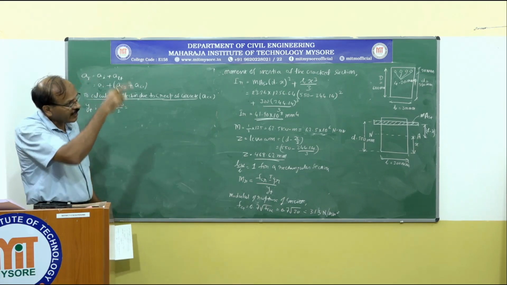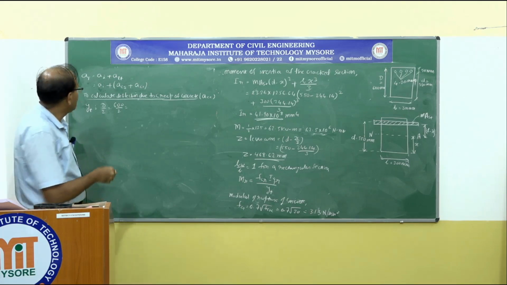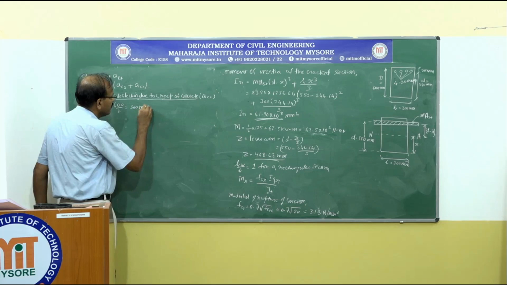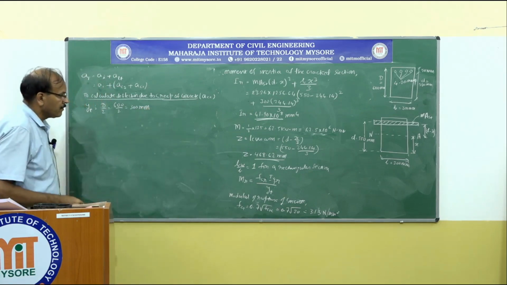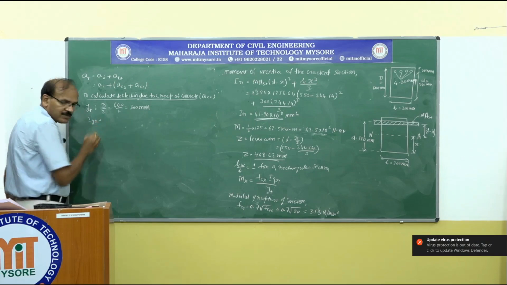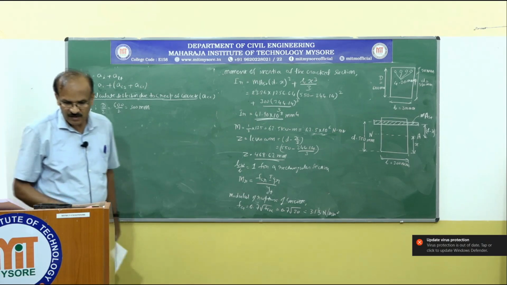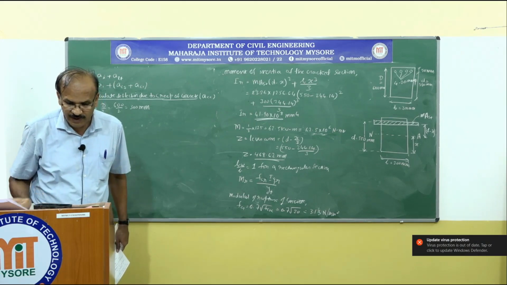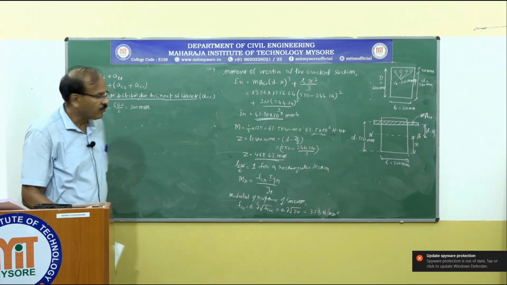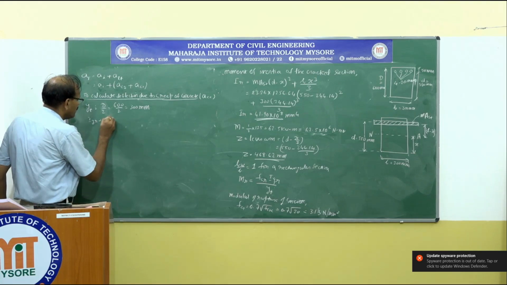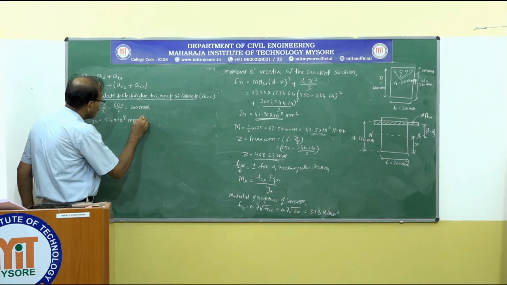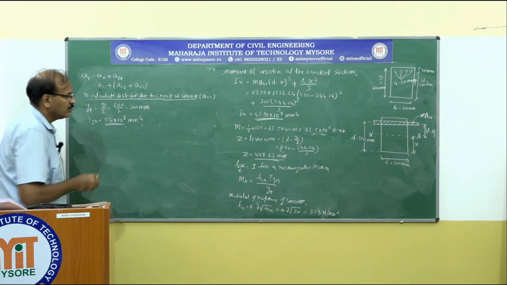The gross area is 300 multiplied by 600, so 600 by 2 is equal to 300 millimeter. Igr, of course, we have calculated. That is the moment of inertia of the gross section, which we calculated in the previous step: 54 into 10 to the power of 8 millimeter to the power of 4.